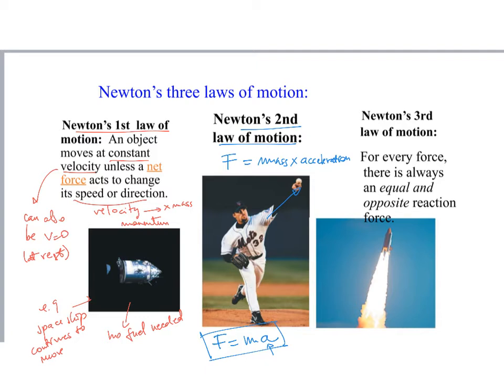So if the mass is larger, then for the same force, the acceleration is going to be smaller. The baseball has smaller mass, therefore the acceleration will be higher for the same force. So that is one example.